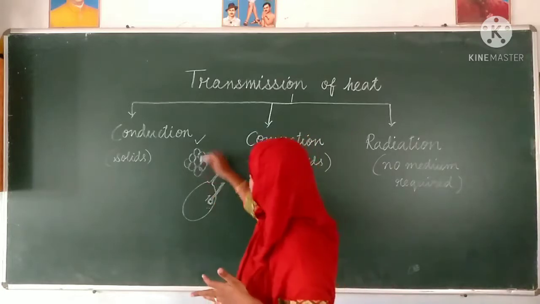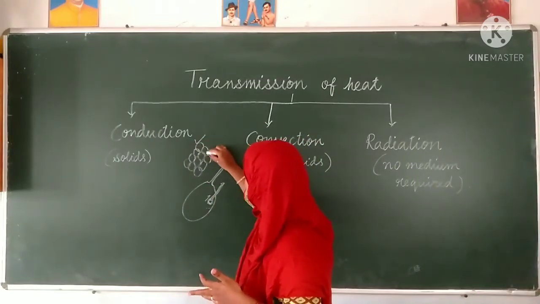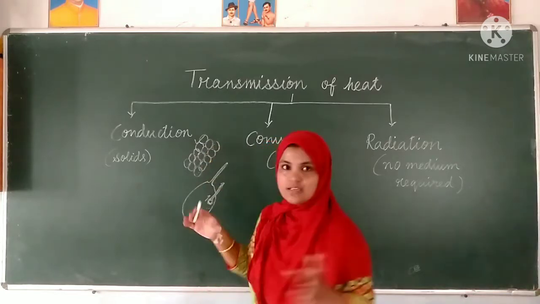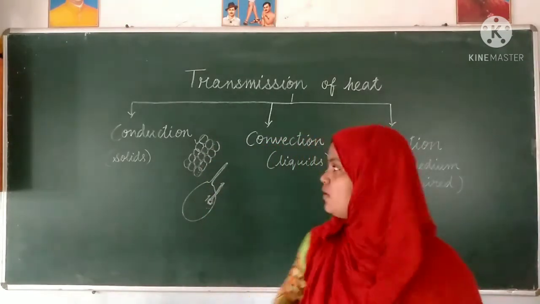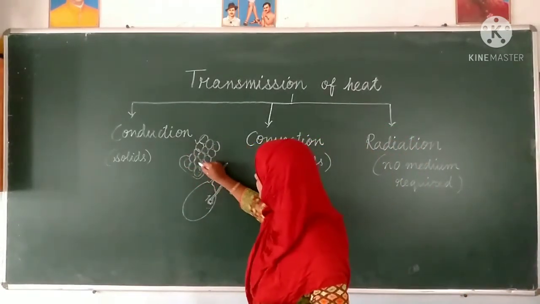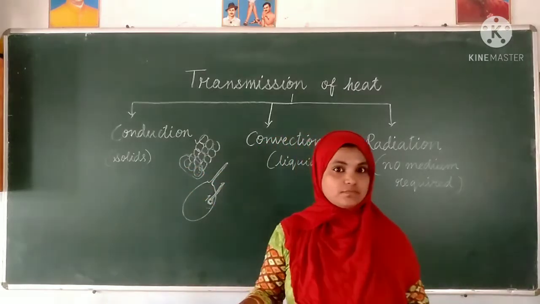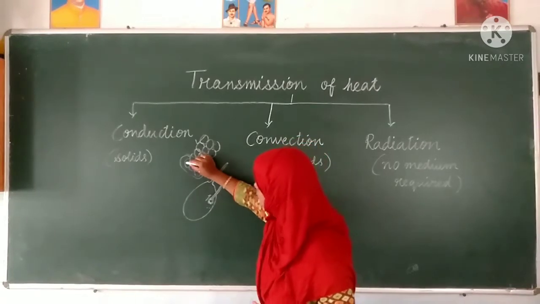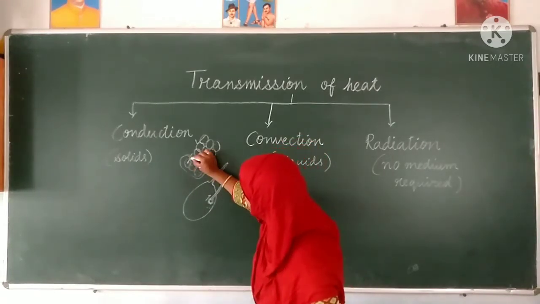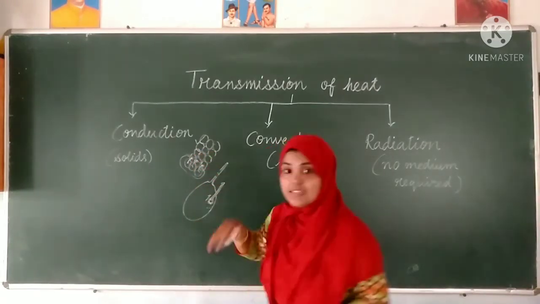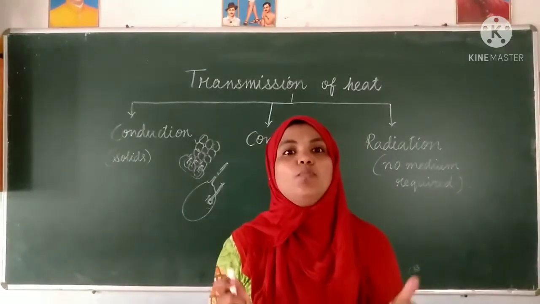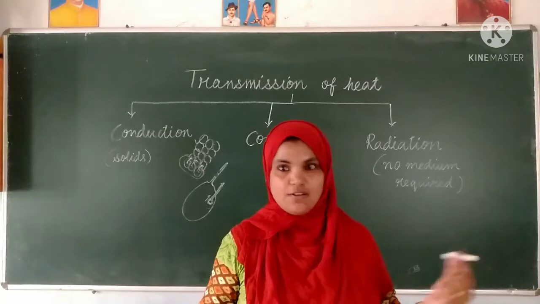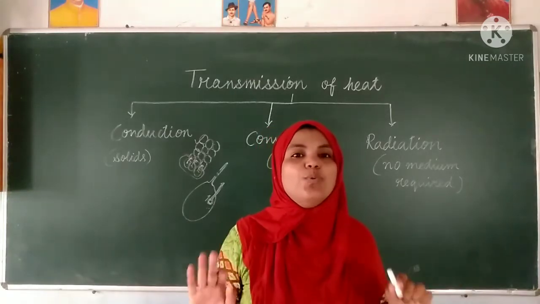It is through conduction. You see that the spoon is a solid and it has molecules like this, one attached to the other, joined, isn't it? If these molecules become hot, then what will happen? These molecules transfer the heat energy to the adjacent molecules. They need not move. It's simply like passing a pencil or a book or a chalk from one person to another without moving.